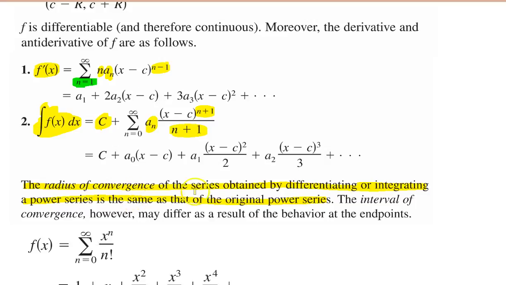The radius of convergence of the series obtained by differentiating or integrating a power series also does not change, guys. It's the same as that of the original. The interval of convergence, however, may differ as a result of the behavior at the endpoints.